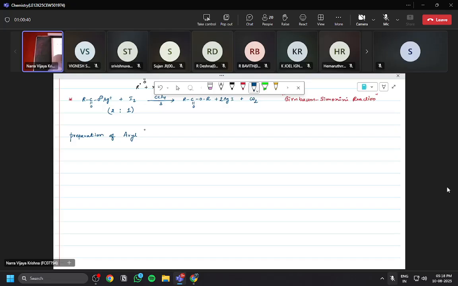We have not prepared halogens on benzene, right? So preparation of aryl halides. In that, the first reaction is electrophilic aromatic substitution, an attack on the benzene ring, right?